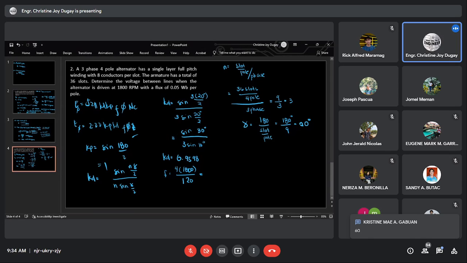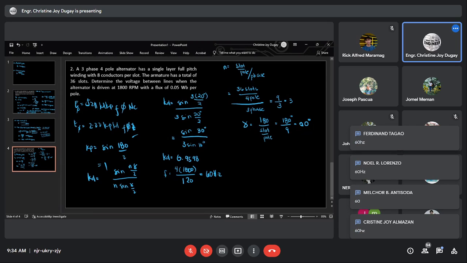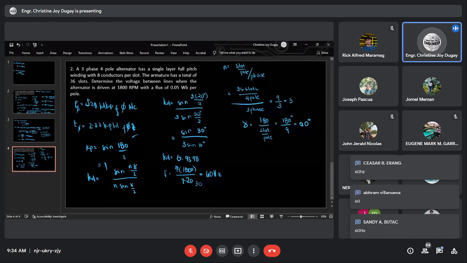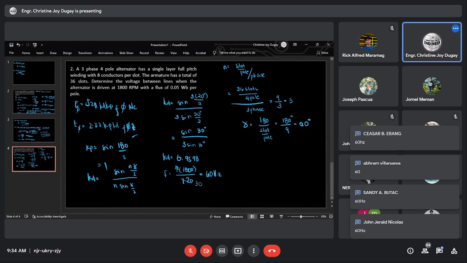Tama ba? 60 hertz? Yes, ma'am. 4 divide 120, magiging 30 yan, no? So, 1,800 divide by 30, 18 lang naman, no? So, 3 times 6, that is 18. Okay?